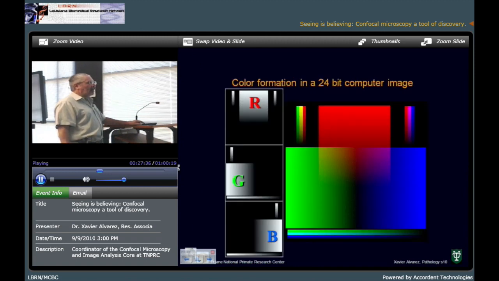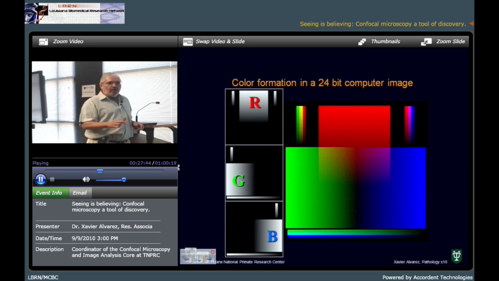The color formation of the images in a computer is based on the convention that we had before for the monitors, that they were red, green, and blue. With these 3 layers, we could generate millions of colors.